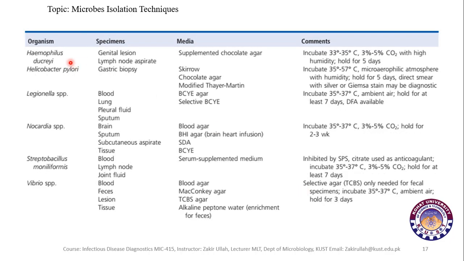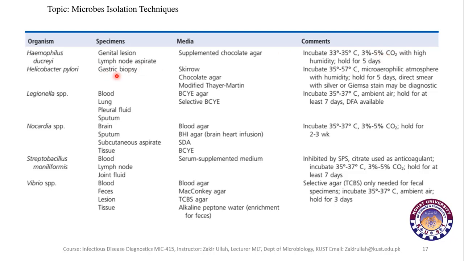Haemophilus ducreyi is isolated from genital or lymph node aspirate, and it is a fastidious organism. A supplemented chocolate agar is required for this specimen, incubated at 33 to 35 degrees centigrade with 3 to 5% carbon dioxide and high humidity, and can be kept for 5 days.